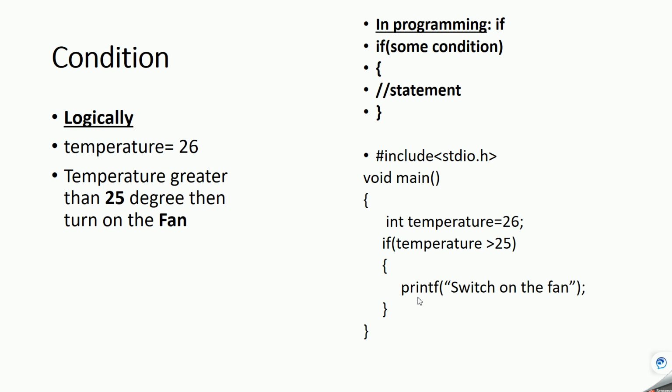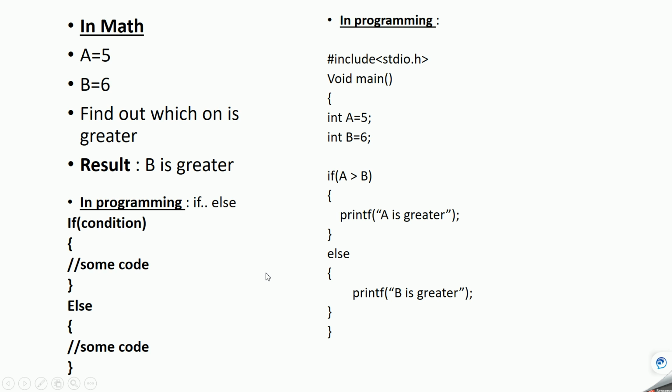So let's see some other conditional statements. Another conditional statement we'll see here is, suppose you have two numbers and you want to find out which number is bigger, whether A is bigger or B is bigger.